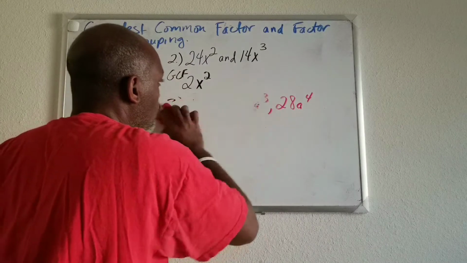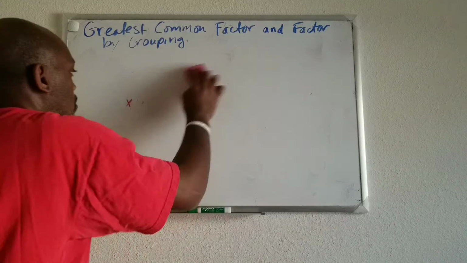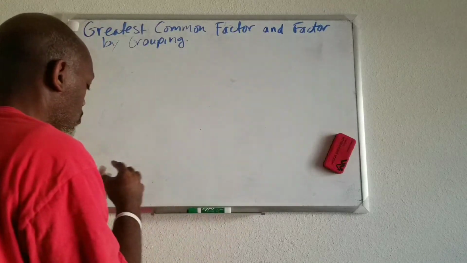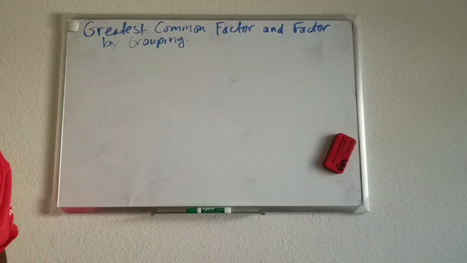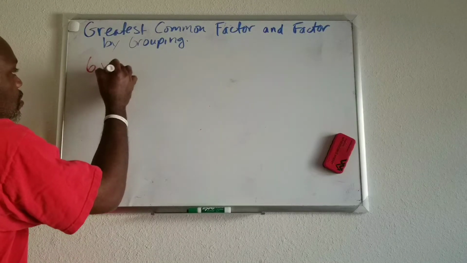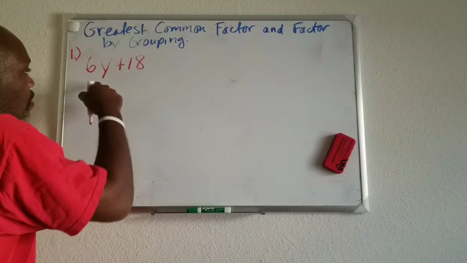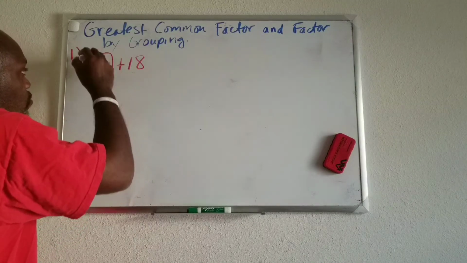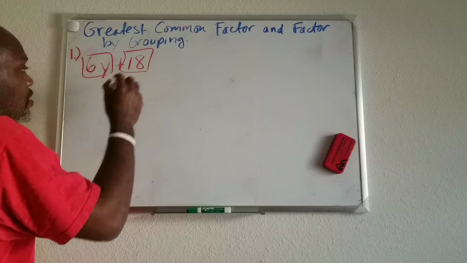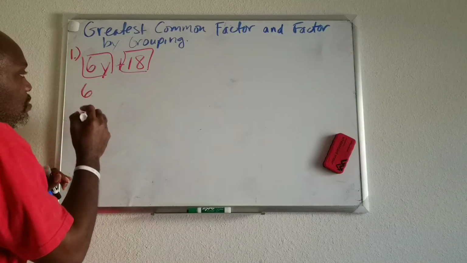All right, so now we're going to move a little further along in the lesson, and we're going to have a binomial that we're going to factor out. So we're going to find out what are the factors of 6y and 18. Well, the greatest common factor between 6 and 18 is 6.